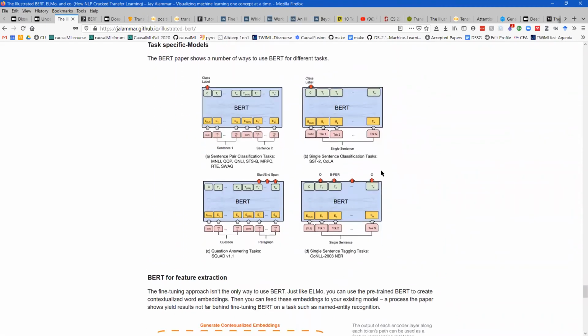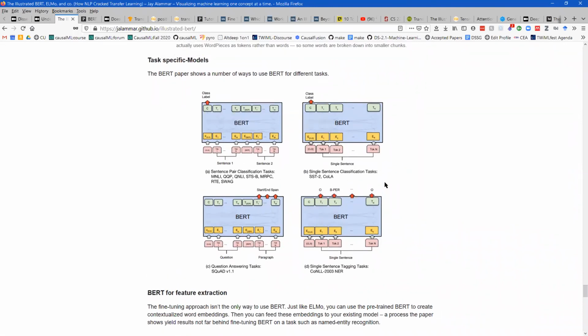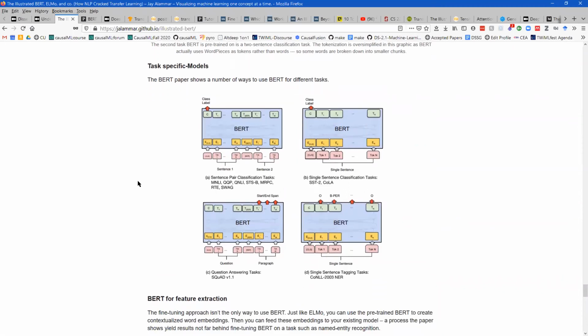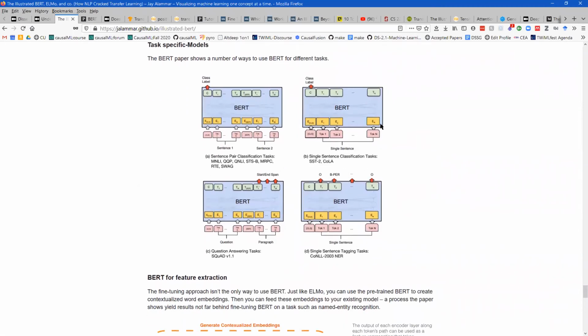I didn't read the last part of the paper very closely, but once they've done this pre-trained model, they show how to use it for other different tasks. This is a schematic of, say, four of those different tasks. One is sentence pair classification, and they list all of these abbreviations for the tasks in the literature, which is helpful because you can see all of these in the tables in the paper, but now this makes it clear.